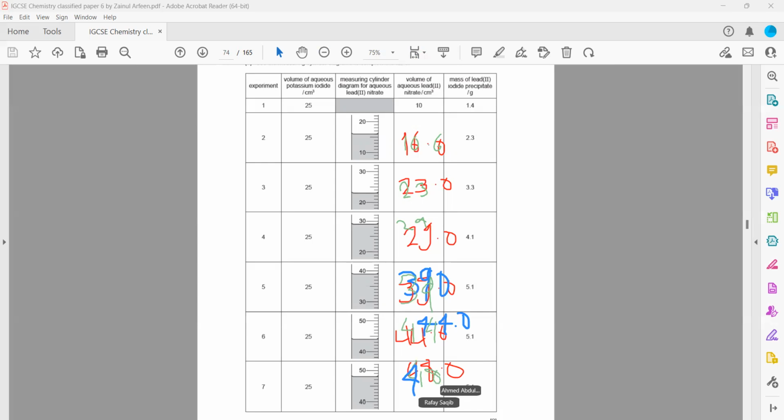Okay, so these are the results for the experiment, because we have to use these results and plot a graph. So the volumes are 16, 23, 29, 39, 44, and 48. We'll use these results to plot a graph.